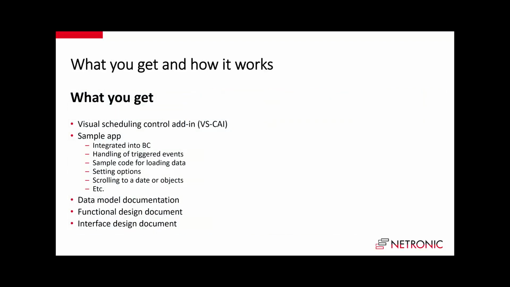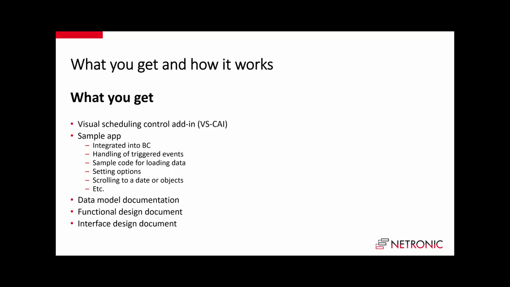When you work with the toolbox, when you purchase the toolbox, when you download the toolbox for trial purposes, you actually get, I would say, two pieces of code and 3 documents. So what you get is what we call the visual scheduling control add-in, and you get a sample app that integrates this control add-in into Business Central, where you get examples of how you handle triggered events.